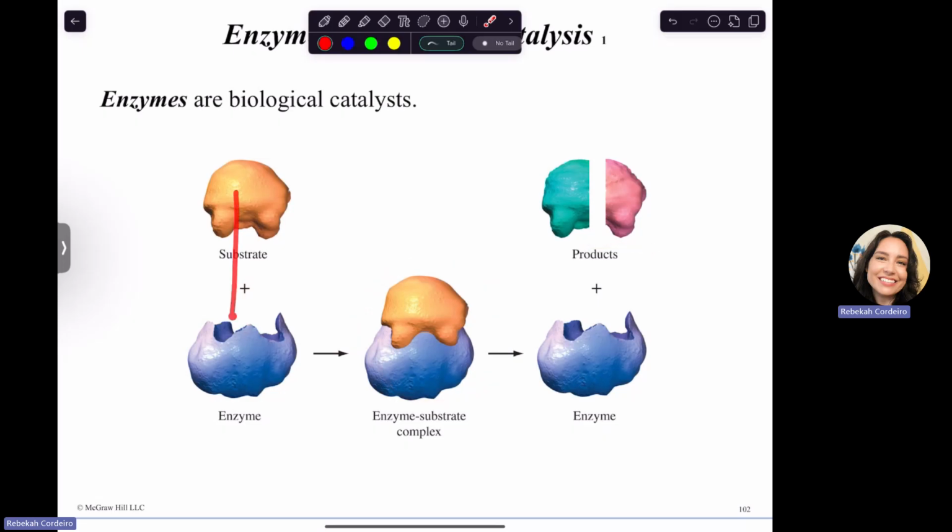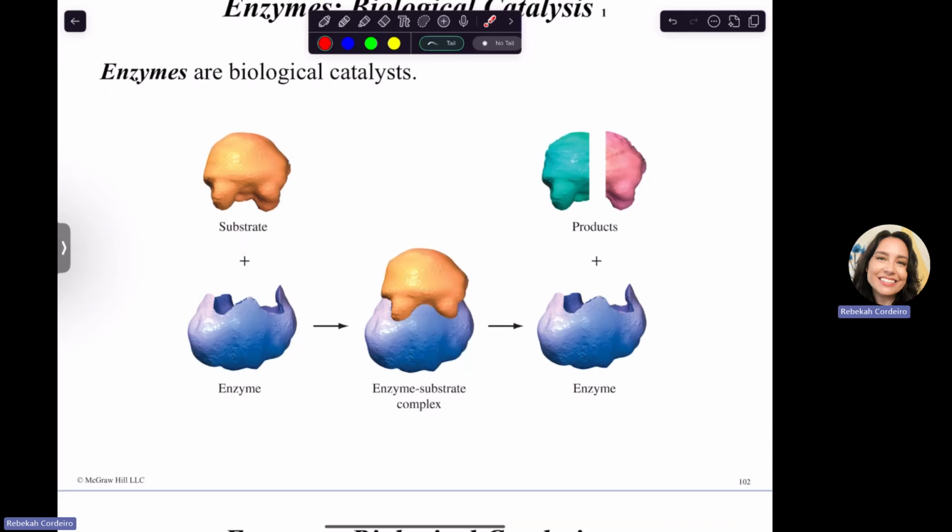Or sometimes it brings two substrates together to make a product. Notice how the enzyme seems to fit the substrate. Enzymes are proteins that are folded in specific ways to fit their substrate. If you have some sort of genetic mutation that keeps the enzyme protein from folding correctly, then you would have something that wouldn't work as an enzyme.